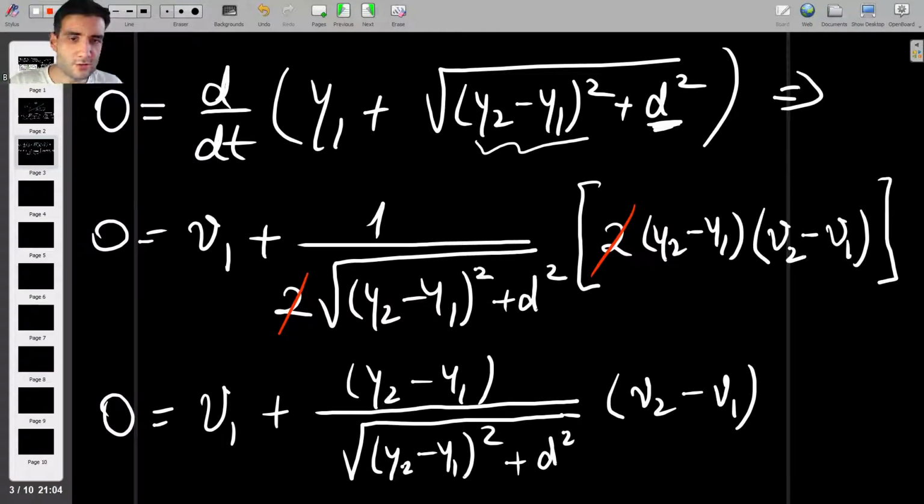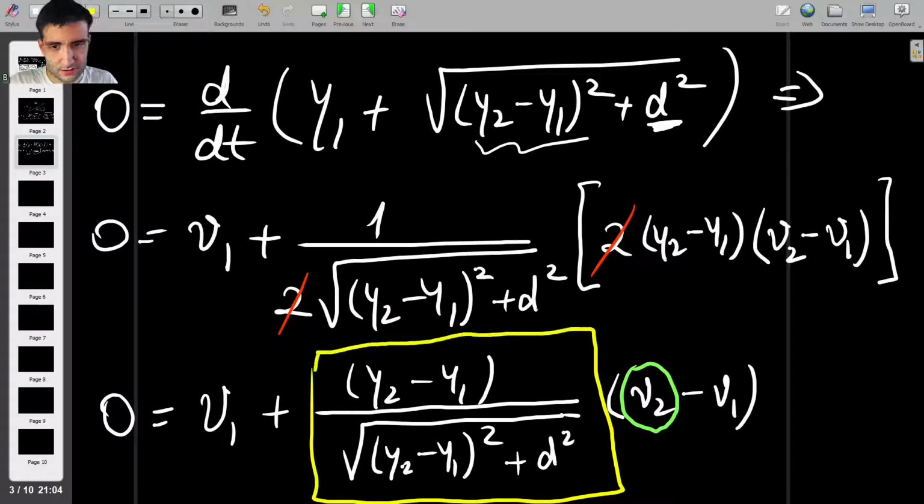So we found an expression involving v2, which is really good, because it's v2 that we're trying to calculate. But this part of the equation looks pretty daunting, because we don't know anything about the y's, we don't know what d is either. But it's fine because we can actually simplify this quite a bit.